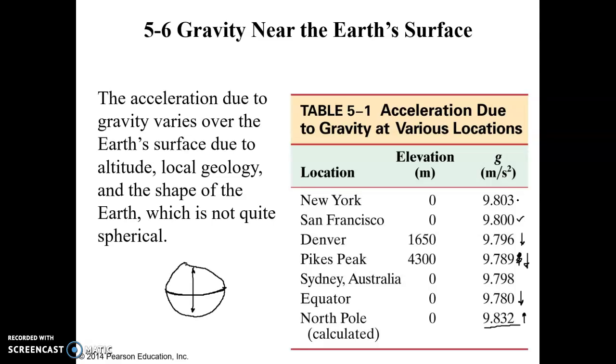New York is really close to 9.8 as well. It's 9.803. Not sure why it's 0.003 higher, but it is based on observation. So that 9.80 that we use is not quite as constant as we would like to believe, but we will continue to use that as our default value.